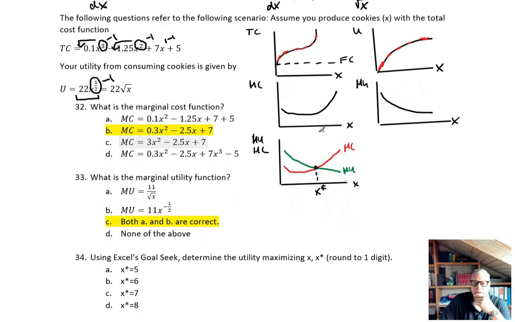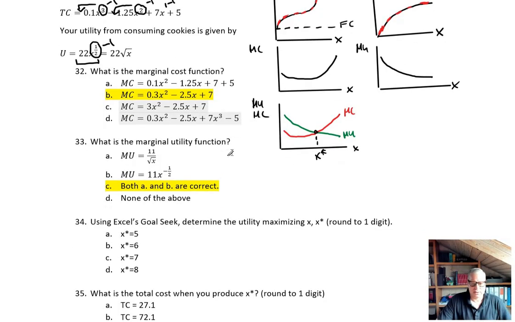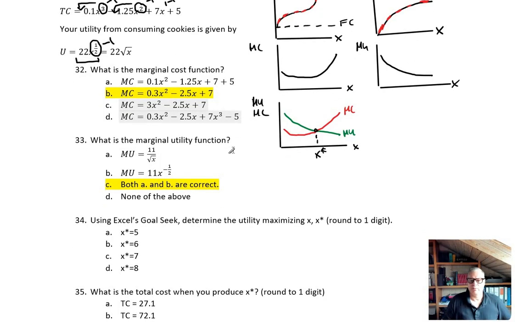The way we can do it is, so how do we solve this problem? We can say your net utility, I called it NU, is equal to your total utility minus total cost.